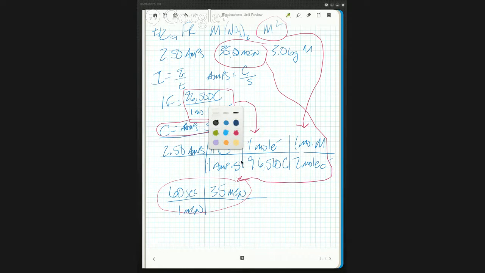Now, canceling out units, the amps cancel with the amps, coulombs with the coulombs, seconds with the seconds, moles of electrons with moles of electrons, the minutes with the minutes, leaving you with moles of M. Once you plug all that in, you end up with 2.72 times 10 to the negative 2 moles.